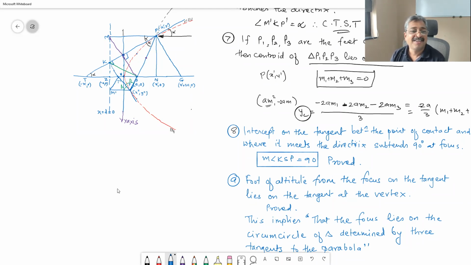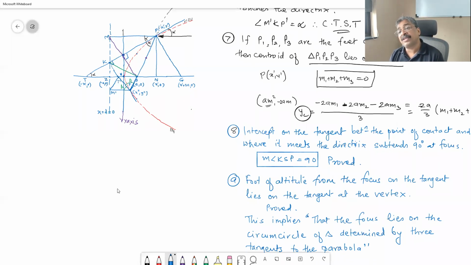And therefore, in this situation, we have only one tangent, and we have dropped the foot of perpendicular from S onto that tangent, and we get that point on the vertex tangent. It will happen for every tangent, and therefore all these feet of perpendiculars from S are collinear.